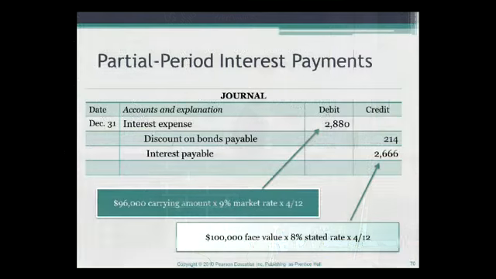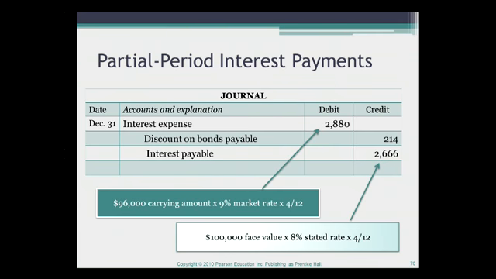Okay, so now we're going to make it a little bit more complicated, not much. But companies don't always issue bonds on January 1. Let's say the company issues a bond on August 31st, and the bonds pay interest on February 28th and December 31st.